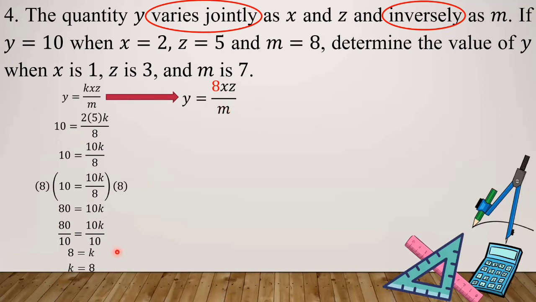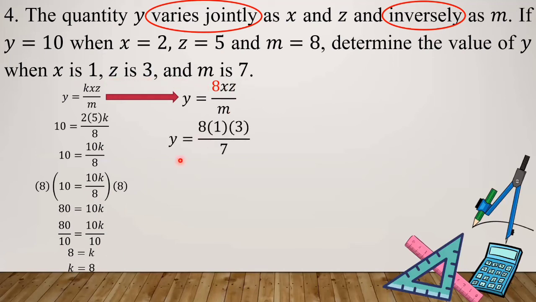So since the variation of k is 8, yun yung isa-substitute natin value ng k here. So y is equal to 8xz over m. Then substitute natin yung pangalawang given, which is our x is 1, z is 3, and m is 7.